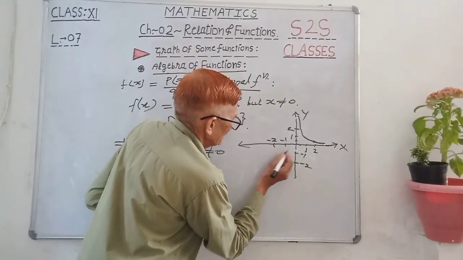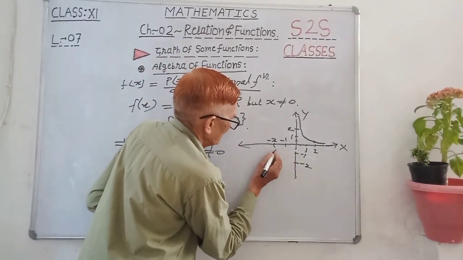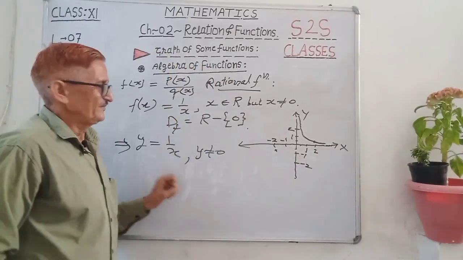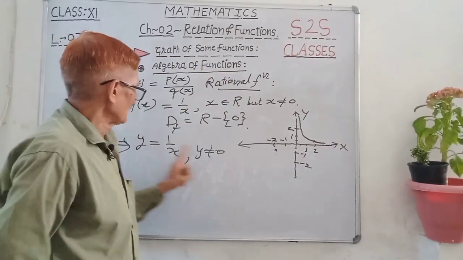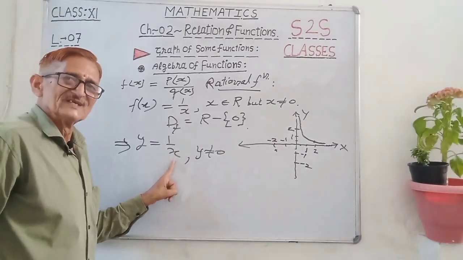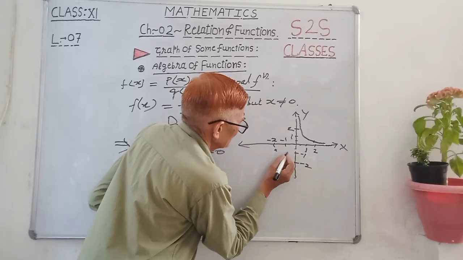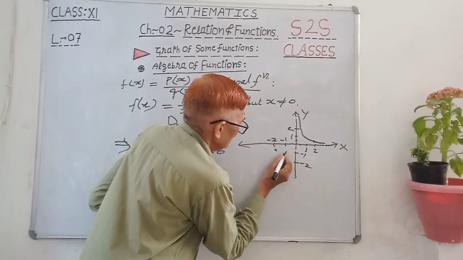So this is minus 1 upon 2, means this point. Okay, if x is minus 1, so 1 upon minus 1 means minus 1. So minus 1 and minus 1, so this point is here.